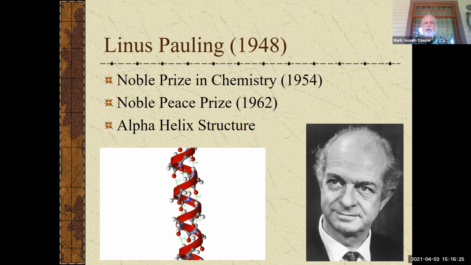he is famous for the alpha helix structure. You know, we talked about alpha helixes and beta pleats and protein secondary structure. And so he actually at one point was working on DNA and assumed it was an alpha helix, or actually a triple helix. That's what he was working on.